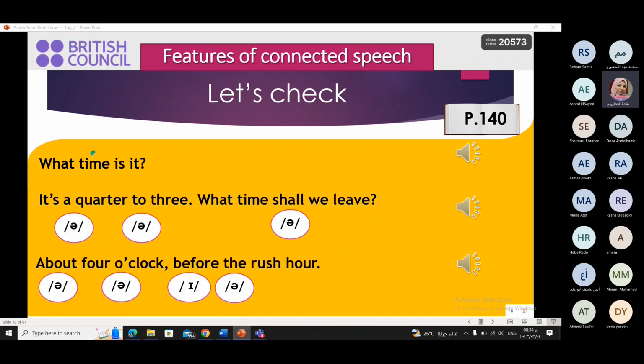These words are stressed as you told me: quarter, three, time, and leave because it's the verb, and four, clock, rush, hour. The other sounds are weakened, as you see here. We use the schwa sound, which is the weakest sound in English. This is what we call the weak forms.